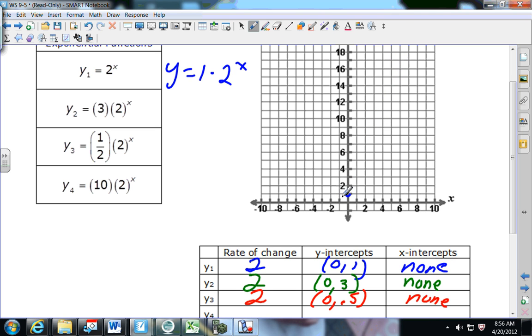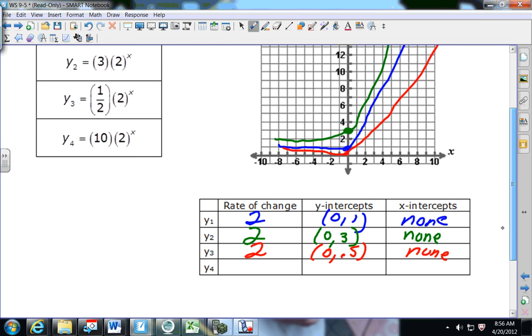All right, so the blue was starting at 1. The green was starting at 3. Where is the red going to start at? 0.5, right here. Same steepness. What's going to happen to this? What's the rate of change? 2.